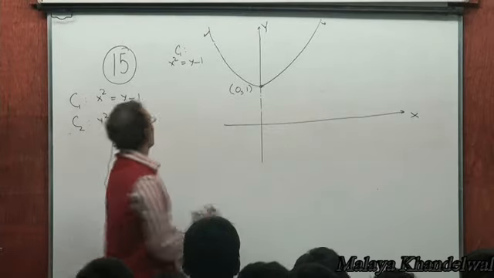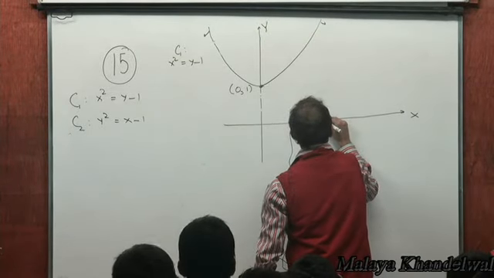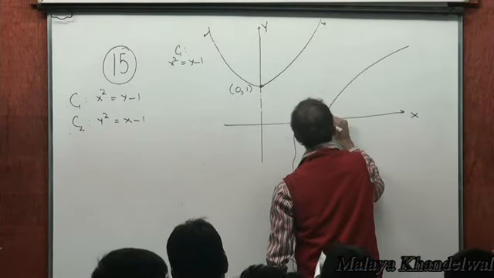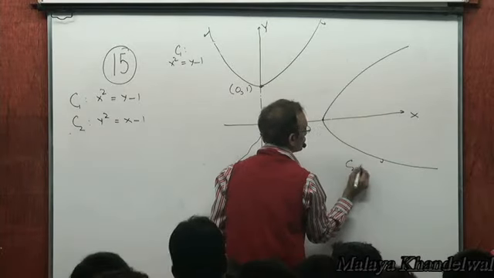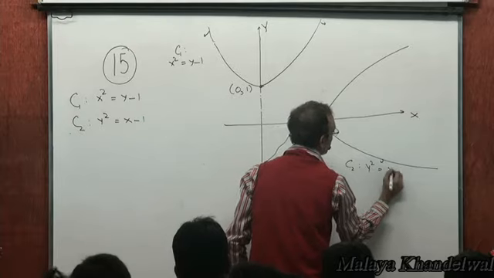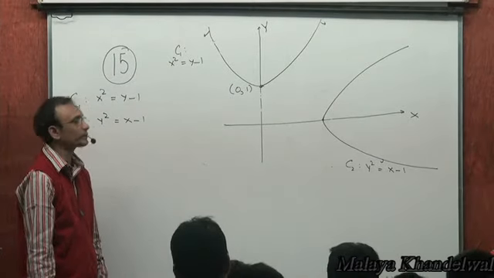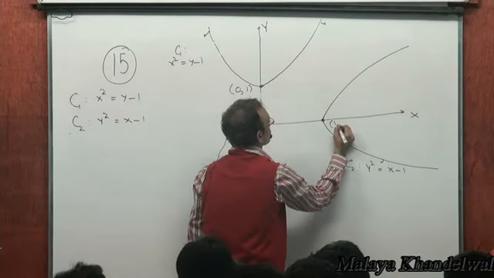This parabola is C2, which is y squared equal to x minus 1. The vertex of this parabola is (1, 0).